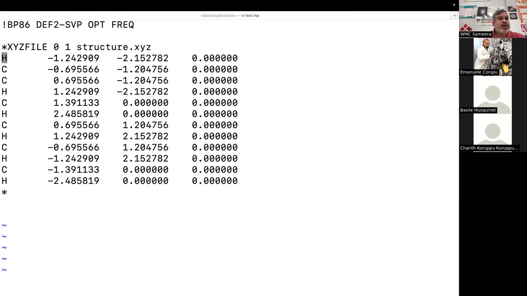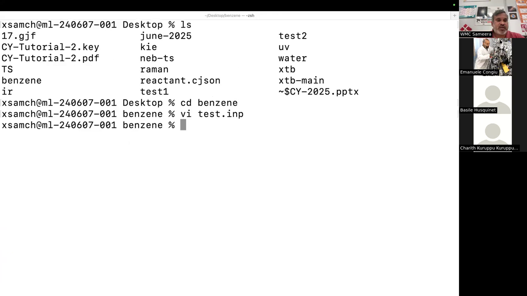As we add the coordinates, we don't need the coordinate file, so you can delete this part. We don't need that. Okay, so that's a very simple calculation, and then we can run it.